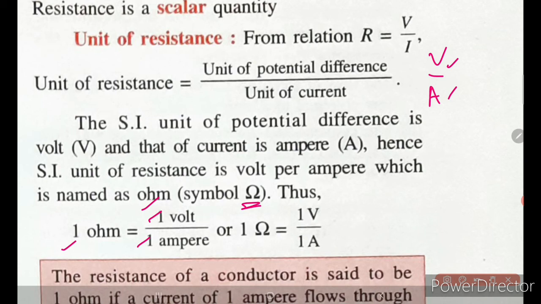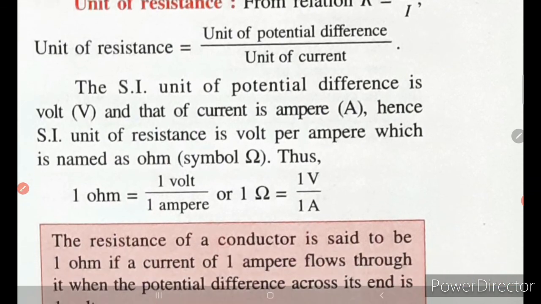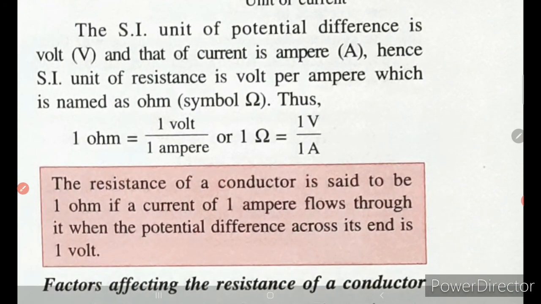So the definition of 1 ohm, like the definition of 1 volt, will be: the resistance of a conductor is said to be 1 ohm if a current of 1 ampere flows through it when the potential difference across its ends is 1 volt.